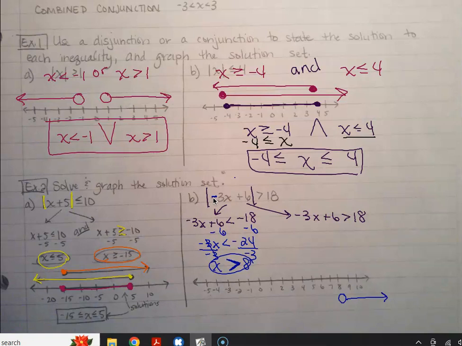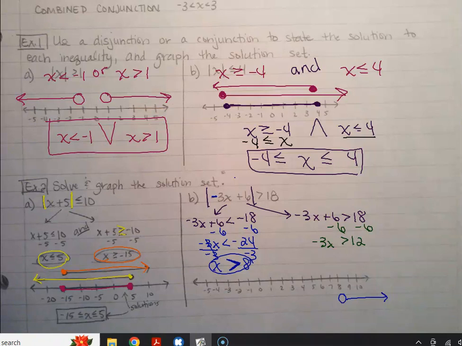All right, so let's look at the next inequality. Negative 3x plus 6 is greater than 18. So Cameron, what's the first thing we're going to do there? You would subtract the 6. Okay, so we've got negative 3x is greater than, what's 18 minus 6? 12. All right, Bailey Malin, what's the next step? I don't want to divide by 12, because that would give me 1. It wouldn't isolate my variable.